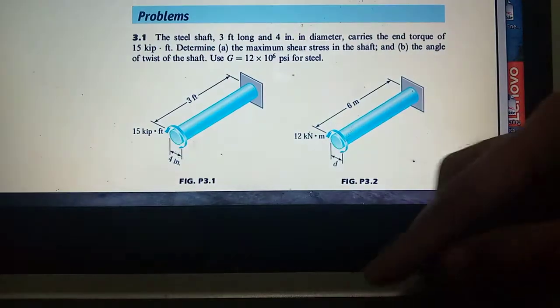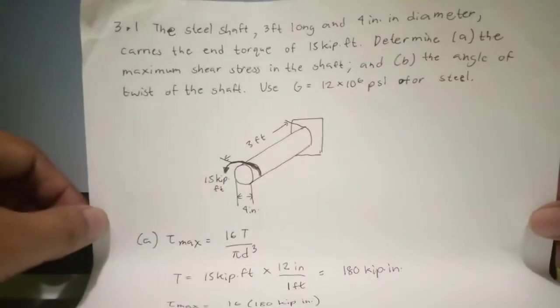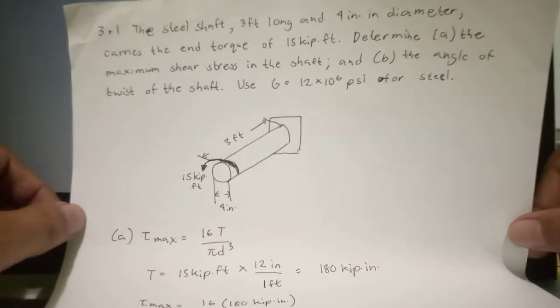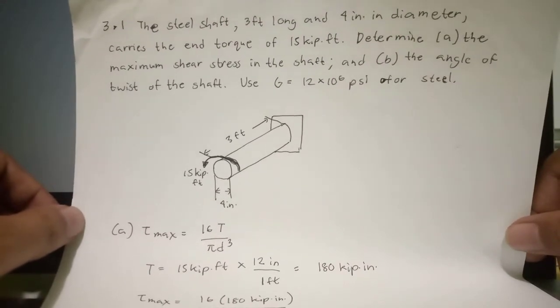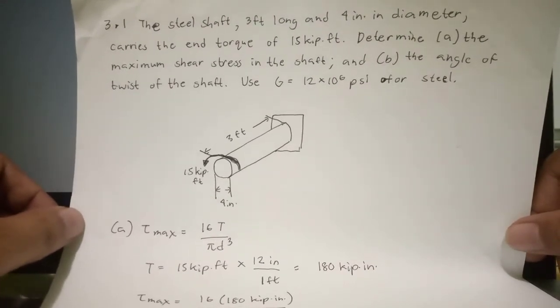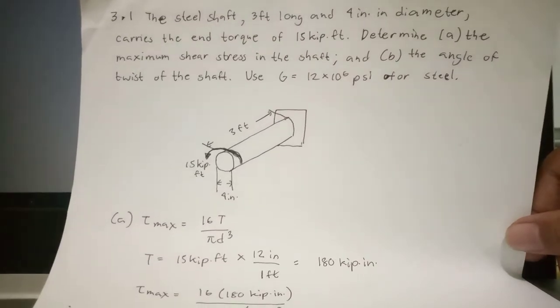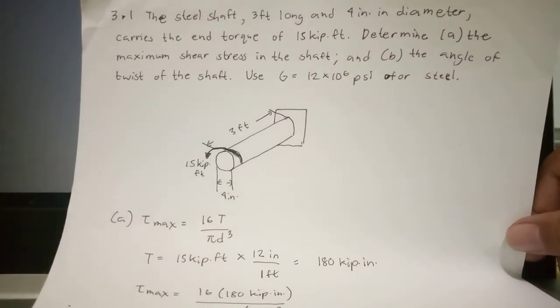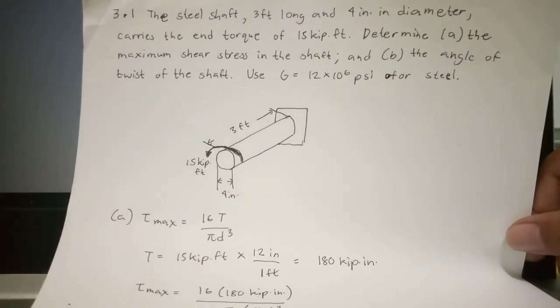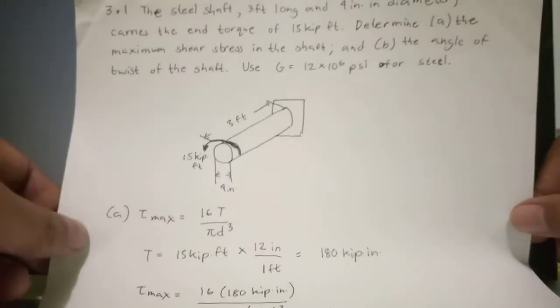So I rewrite actually the problem here. First we solve the maximum shear stress in the shaft, and then B, the angle of twist of the shaft. Okay, so we have the following solution.